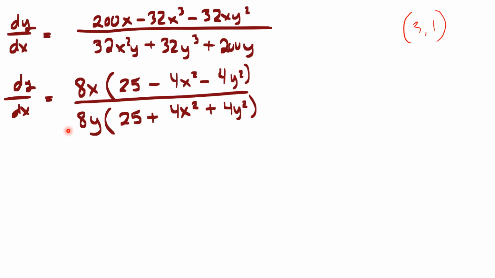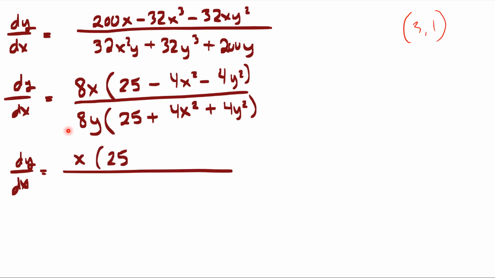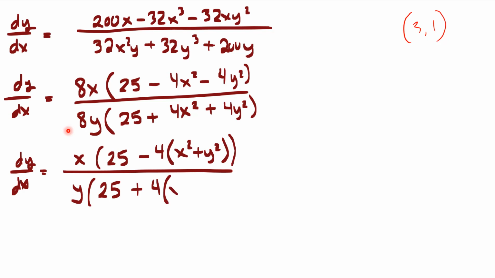And just to show you a fun little thing here, if we do that, and then we notice those 4's there, if we take out a 4, we're left with x squared plus y squared. And on the other side, we take a 4 out of here, we're left with x squared plus y squared. So that's a little interesting thing there.